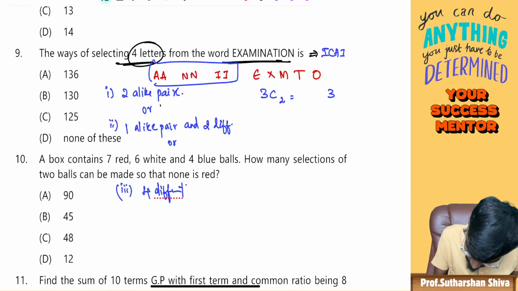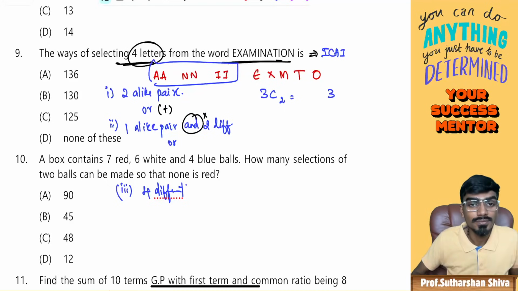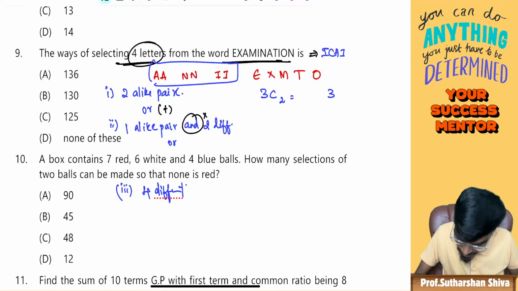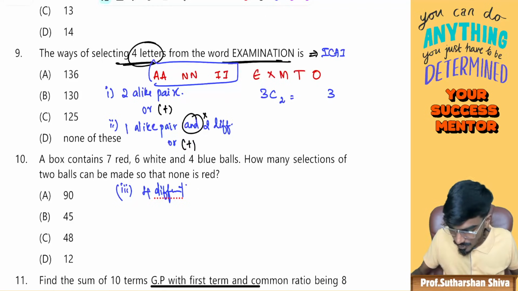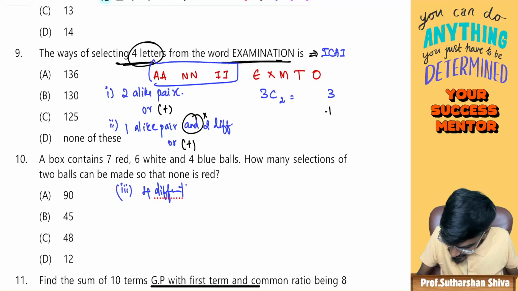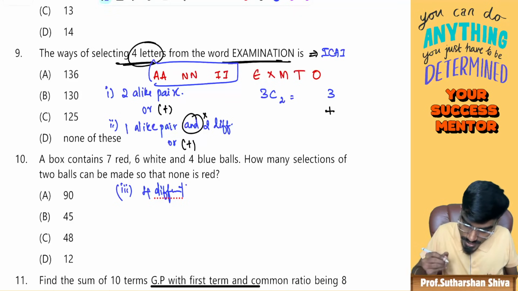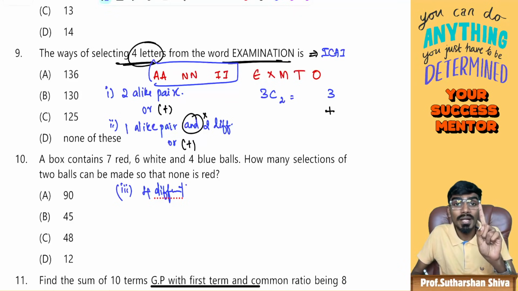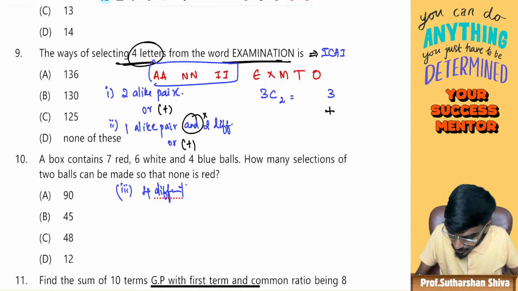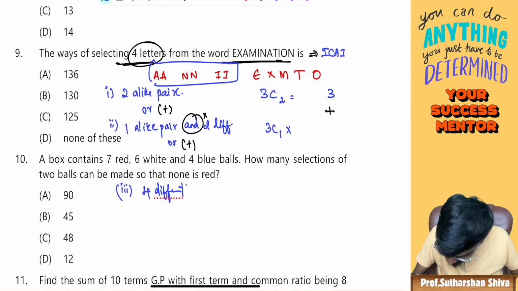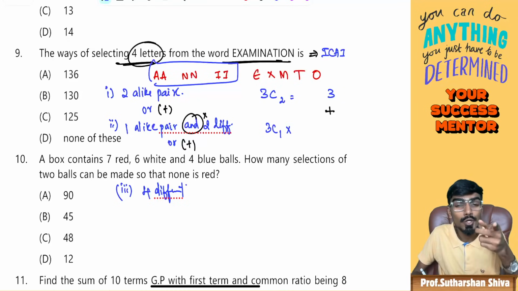Or means it is plus, and means it is multiply. Okay, plus. Now you guys tell me one alike pair. One alike pair means out of three alike pairs, I can select only one alike pair, so the two letters will be selected. So it is 3C1 into, and two different letters.